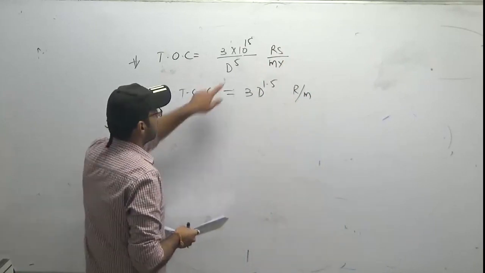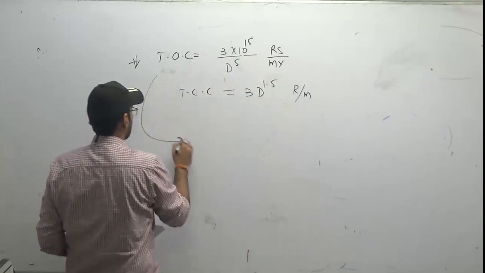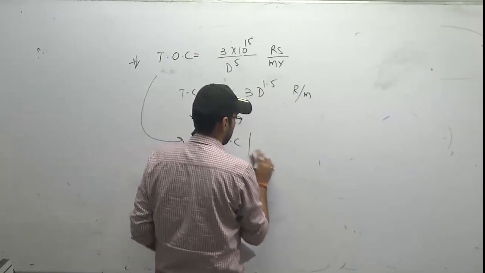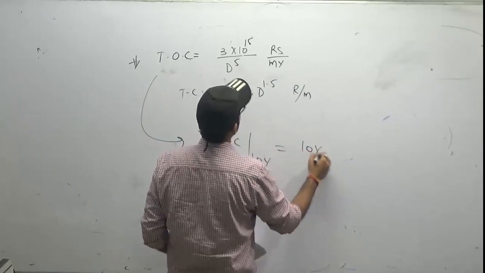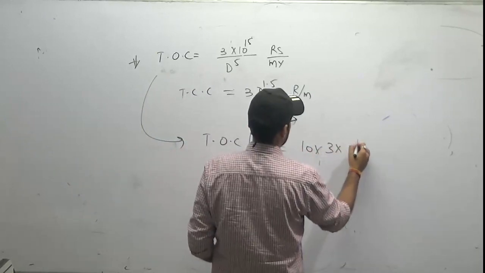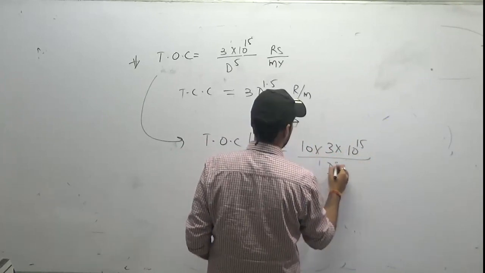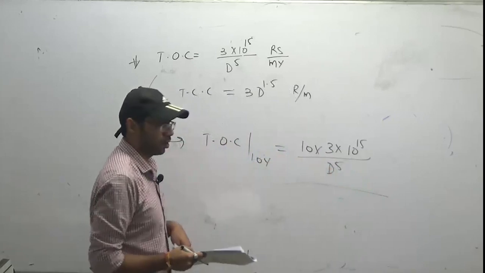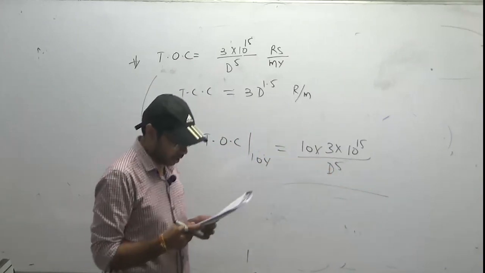So this is for 1 year, right? For 10 years, what is the total operating cost? 10 into 3 into 10 raised to the power 15 divided by D power 5. This is your total operating cost for 10 years, right?